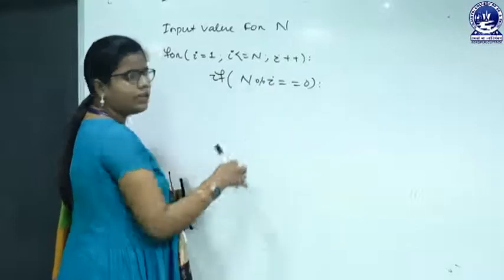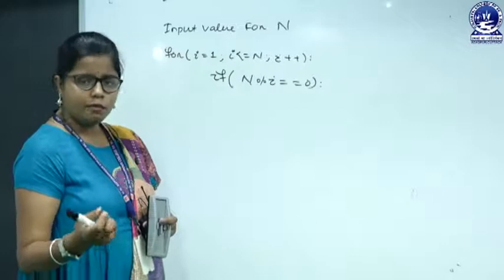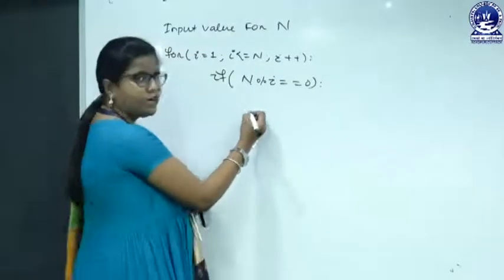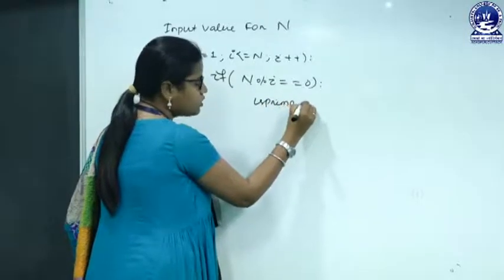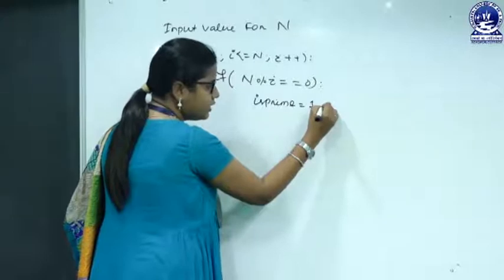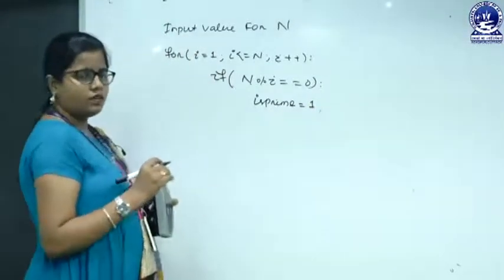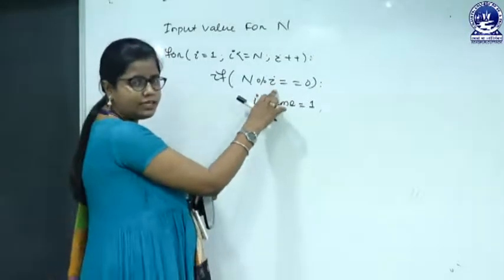So for that, either we will take a counter variable or we will take a flag. Suppose I am taking here a flag that is prime. So initially is prime is initialized with 1. Next we have to check either I is prime or not.